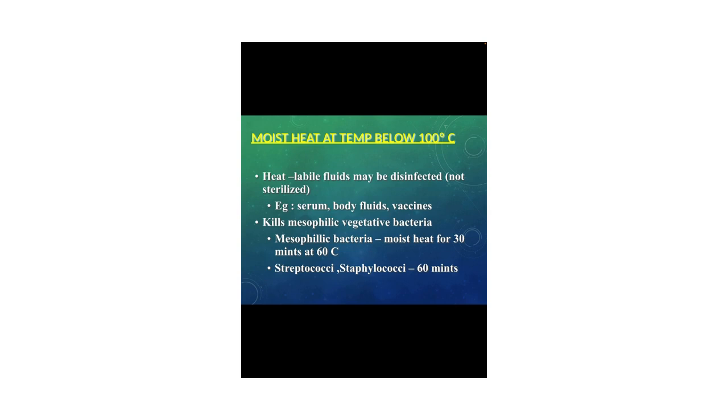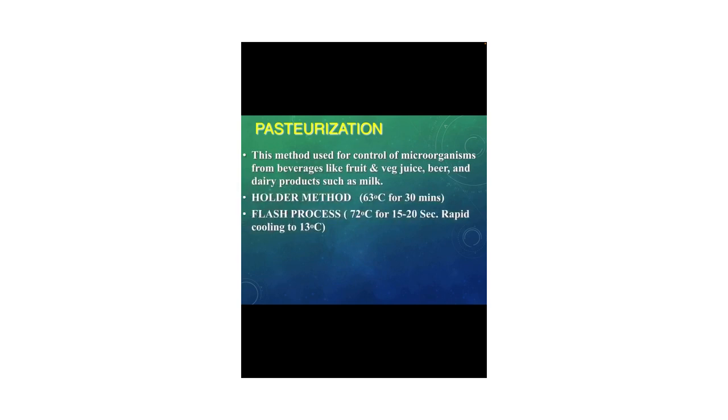In the first, temperature below 100 degrees Celsius, it is used for many heat labile fluids like body serums, body fluids, vaccines, etc. It kills most of the mesophilic organisms. And then next, pasteurization. This method is used for control of microorganisms in beverages like fruit and vegetable juice, beer, and dairy products. There are the holding method and the flash method.